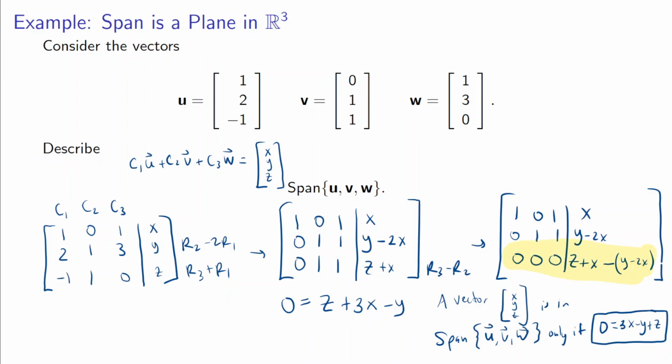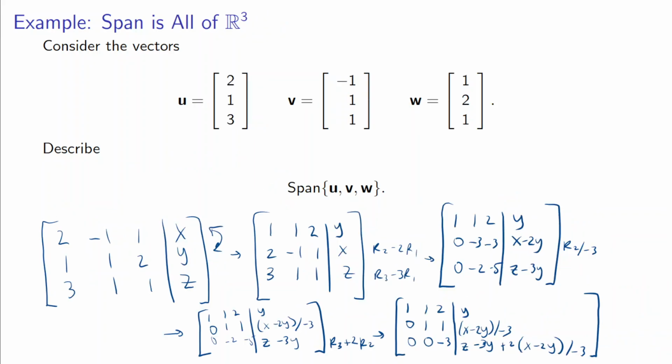And so that prescribed this relationship between x, y, and z in order for this system to be consistent. The same thing is not going to happen here. We could continue to row reduce, and we'd ultimately get no row of zeros in this coefficient matrix portion. And so that's enough for us to say that this is fully consistent. And that tells me that basically any values of x, y, and z will lead to a solution.